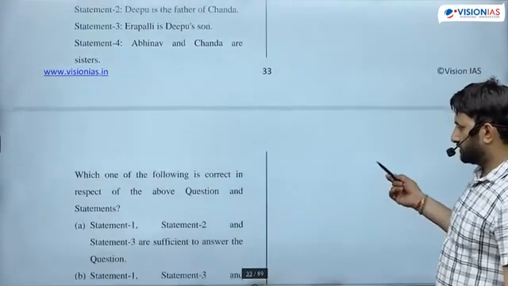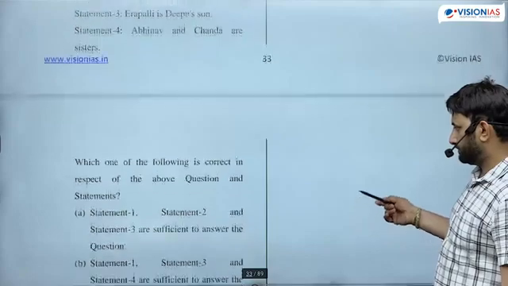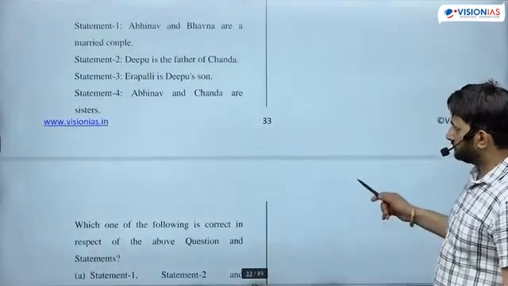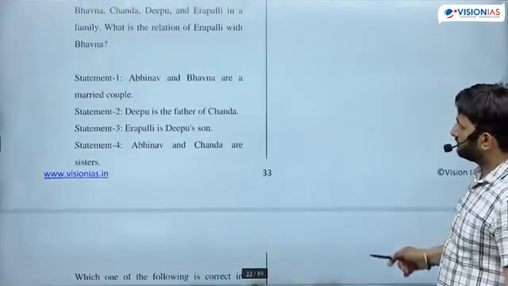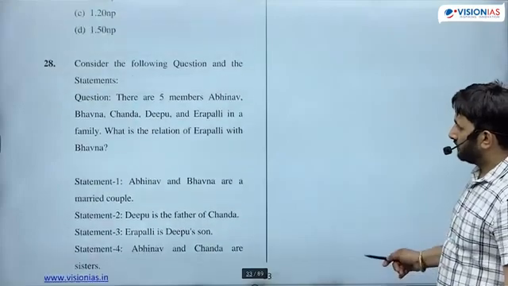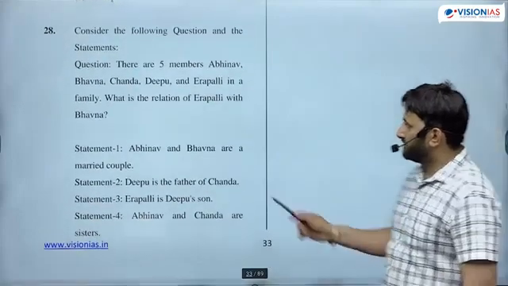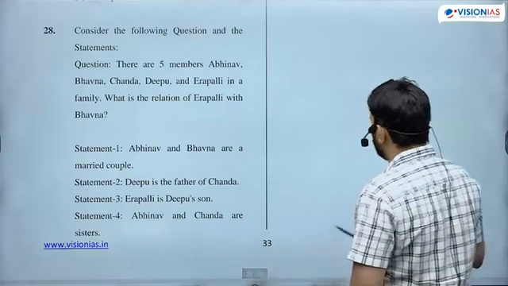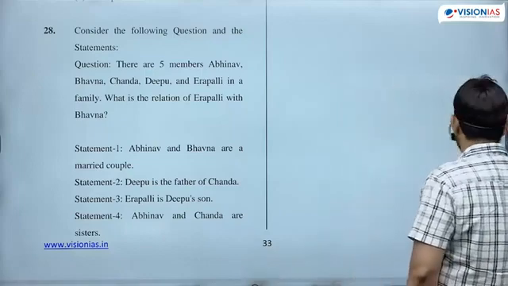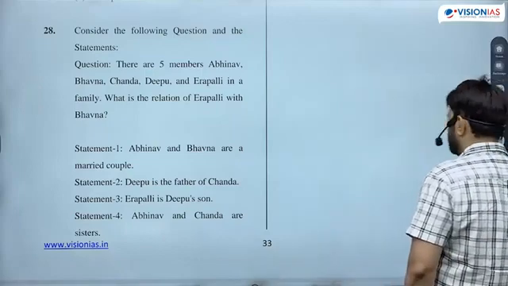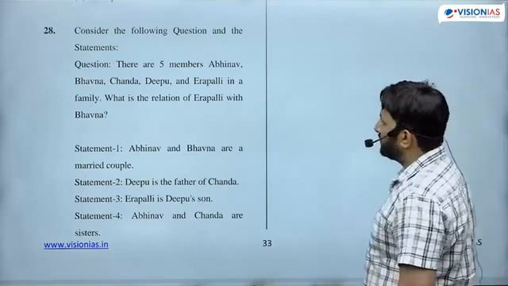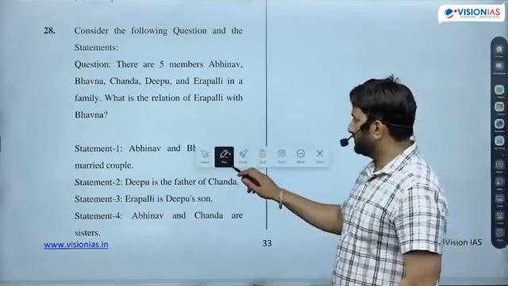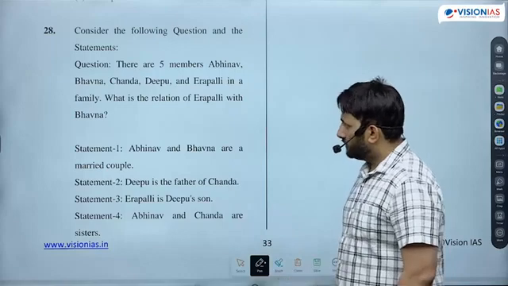Which one of the following is correct? Question is, what is the relation of Irapalli with Bhavna. There are 5 members. We have to find the relationship between Irapalli and Bhavna.